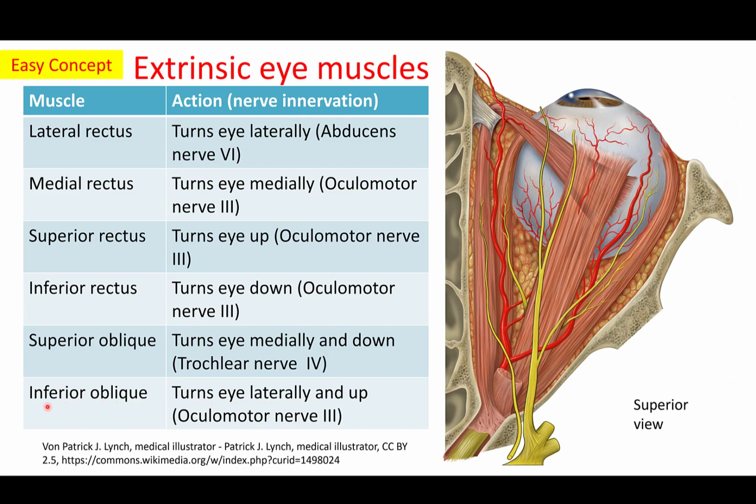That is the action of the inferior oblique. Those two muscles sometimes are confusing in their movement. Just remember that the superior and inferior oblique muscles will act against their direction. The superior will take it down, the inferior will take it up. The superior will take it inside, the inferior will take it outside. Whereas the rectus muscles will go by their names.